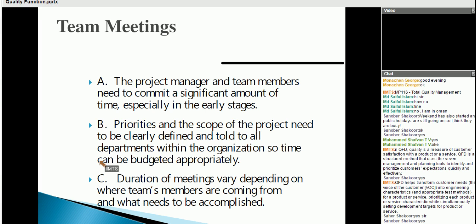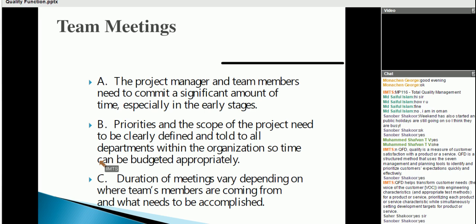One second. Let me show you one example of how a QFD graph or chart looks like.